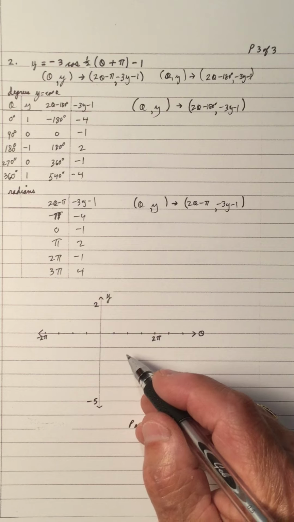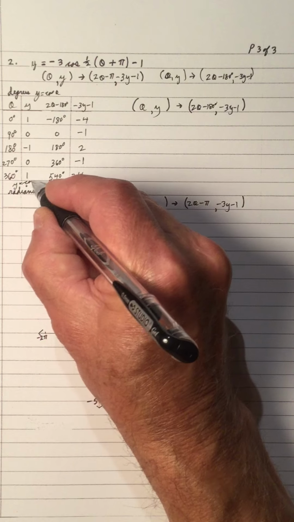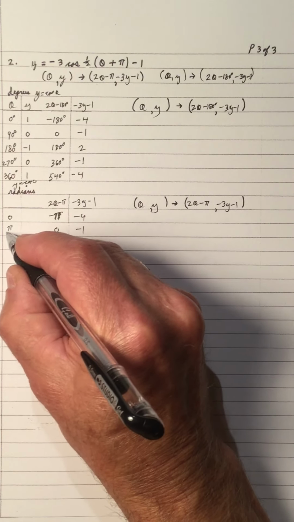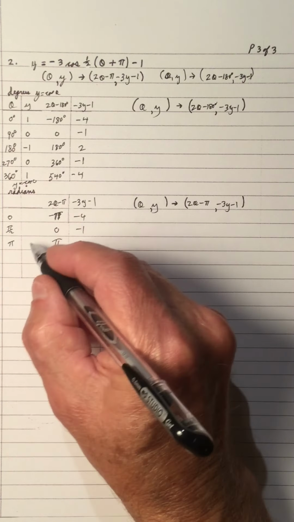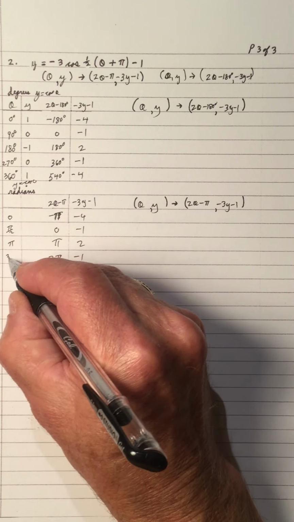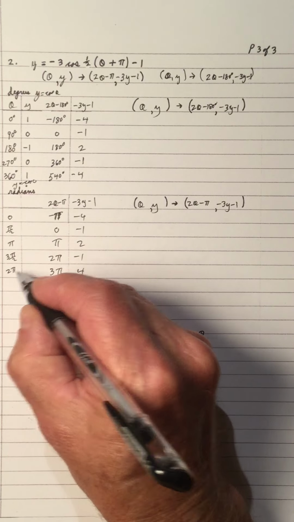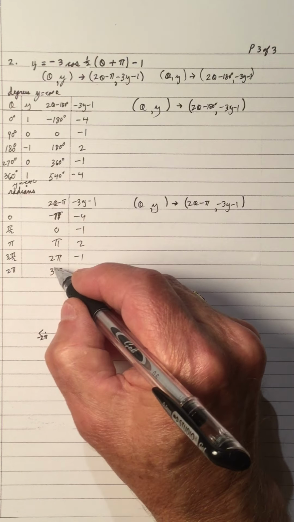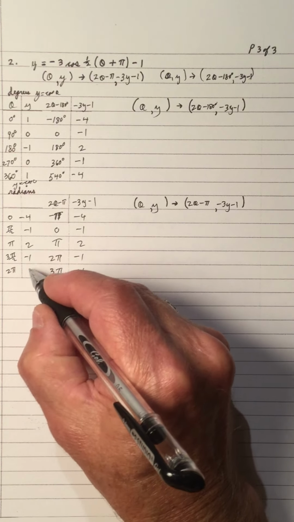And if you do it in radians, from the basic y equals cos theta, we got 0 radian, and 90 is pi over 2, 180 is pi, and that's 0, 90, 180, 270 is 3 pi over 2, and 360 is 2 pi. So if you plug these into this expression here, you will come up with these numbers. And again, that's -4, -1, 2, -1.